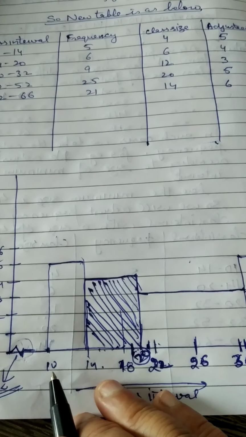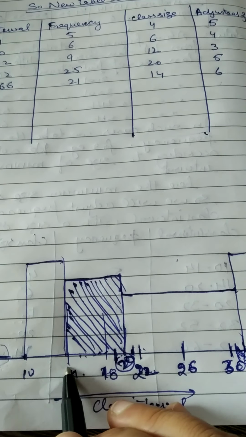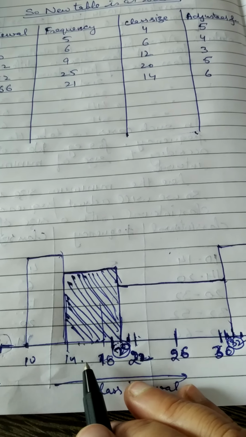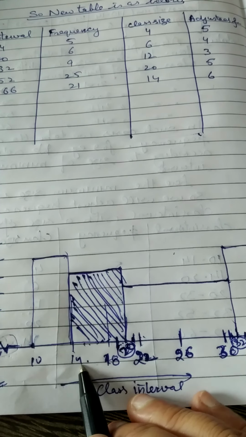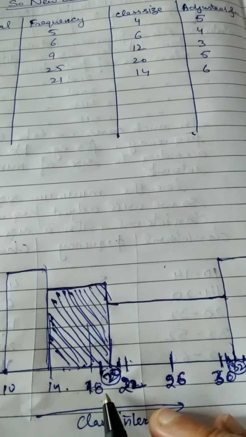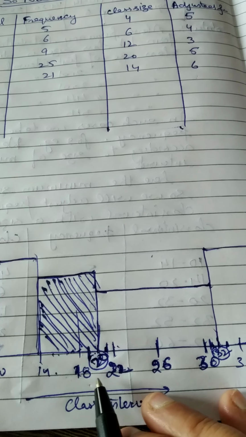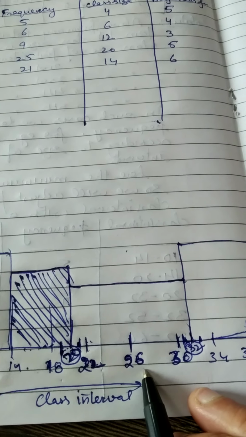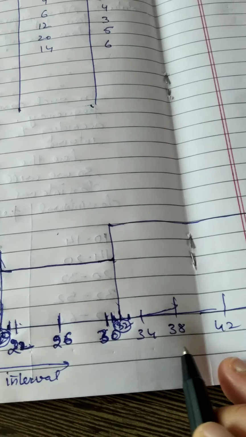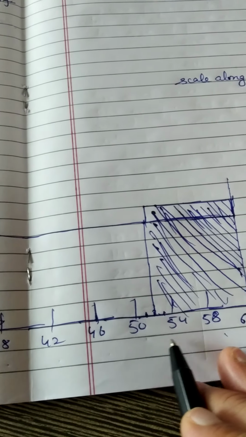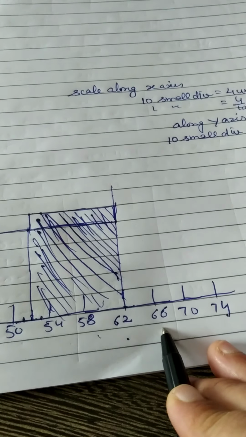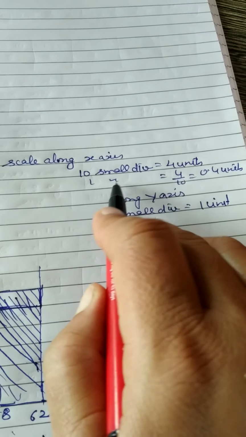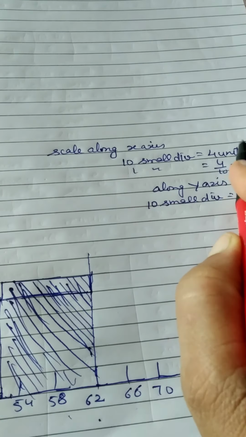See here how we have taken the scale: 10, 14, then 18 (10 plus 4 is 14, 14 plus 4 is 18, 18 plus 4 is 22), then 26, 30, 34, 38, 42, 46, 50, 54, 58, 62, 66, 70 and 74. The scale along the x-axis is 10 small divisions equal to 4 units.